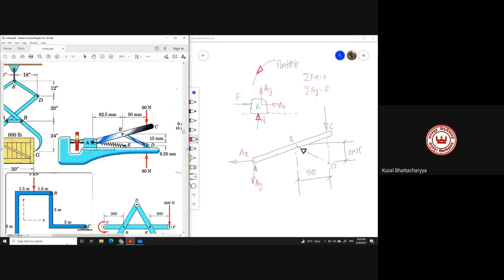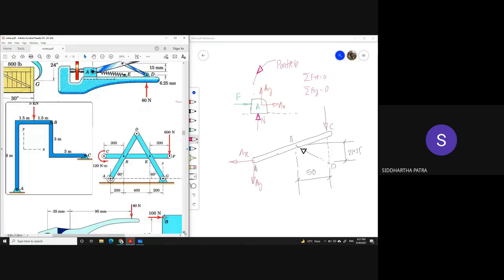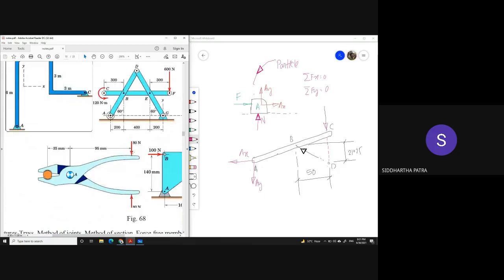Yes, sir, I am clear now. It's actually no different than a tongue. It looks different, but it is no different than this figure right here, when the values of the force are the same, 80 Newton. Although this problem is a lot simpler.